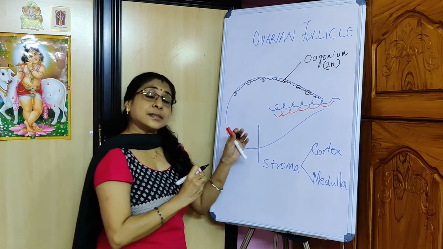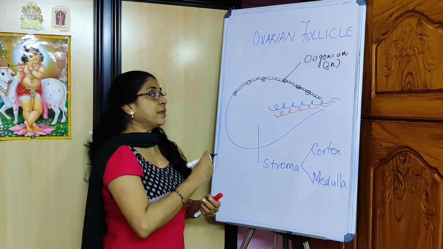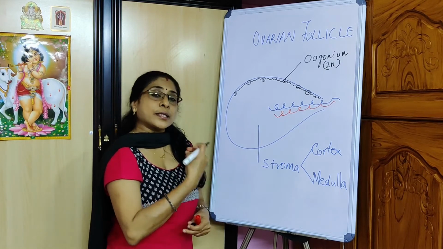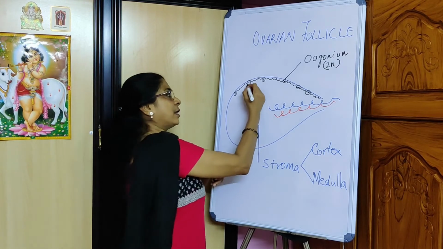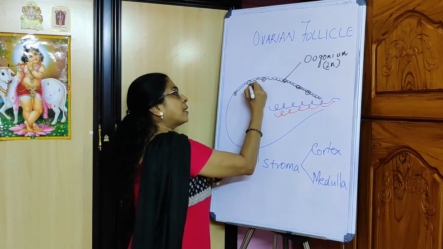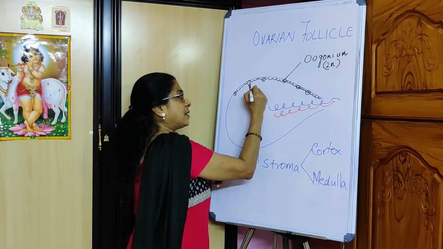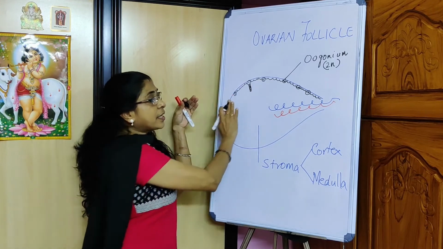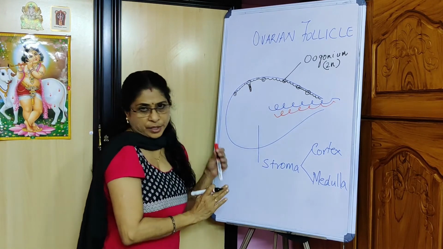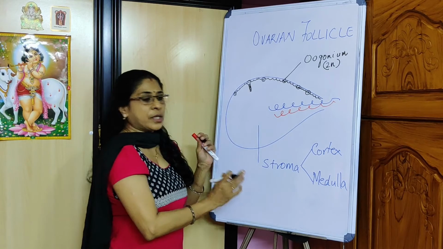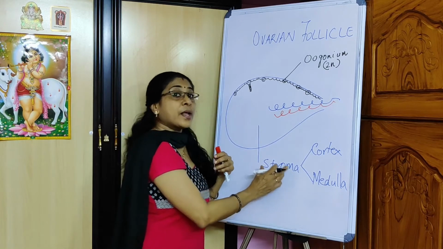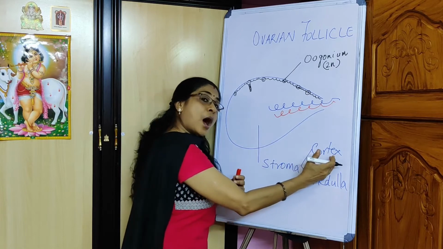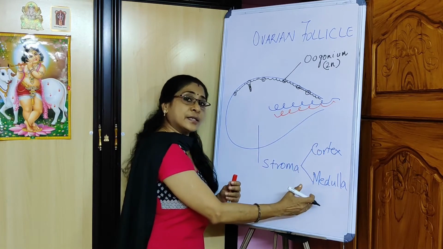And this diploid oogonium starts to divide mitotically. When it divides mitotically, it produces a large number of cells which start projecting into the interior of the ovary. The interior of the ovary is known as the stroma, and the stroma in turn is distinguished as an outer cortex and an inner medulla.